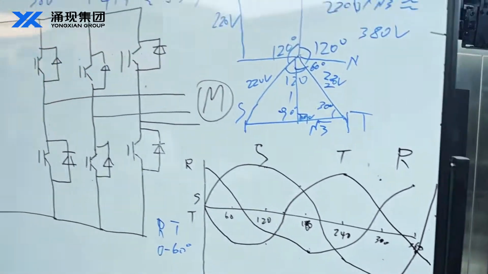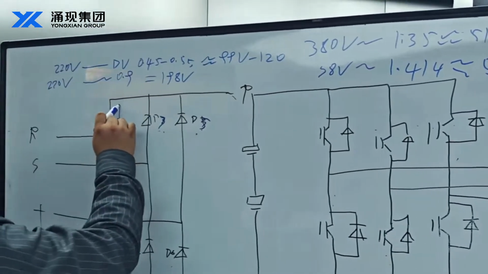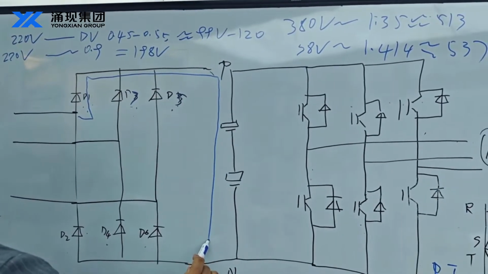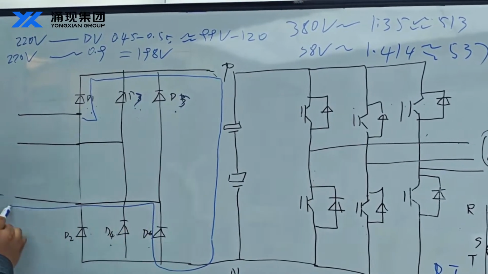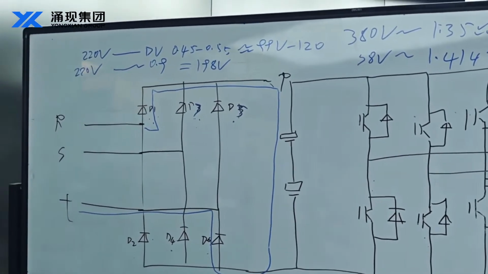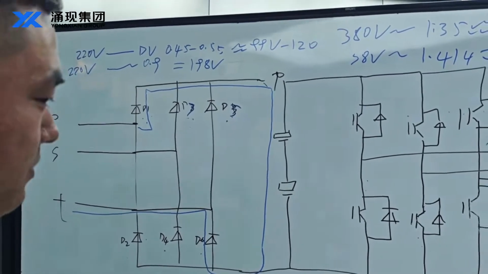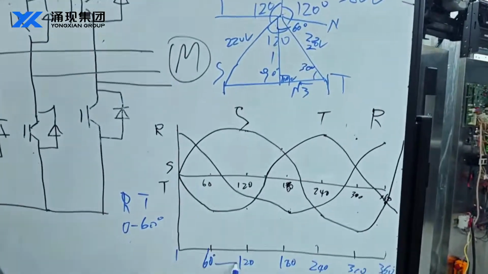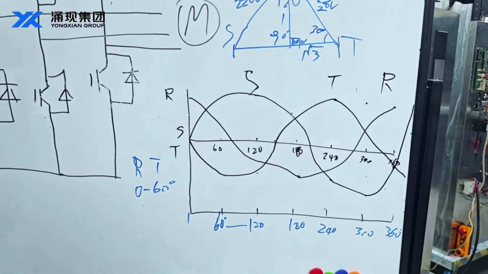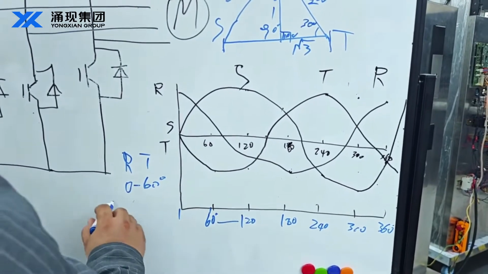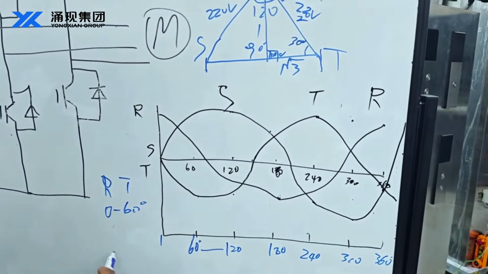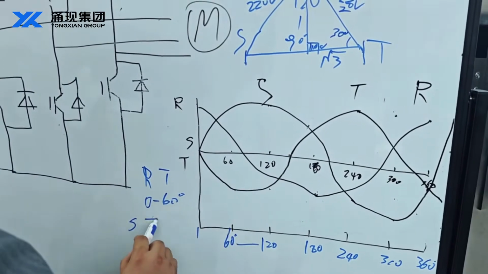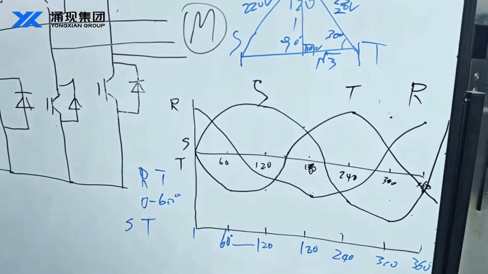So our current flows in through R, passes through the DC bus circuit, and flows out through T. From 60 to 120 degrees, S is at its peak while T is at its lowest.